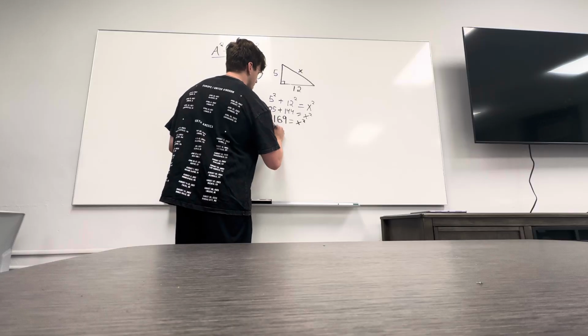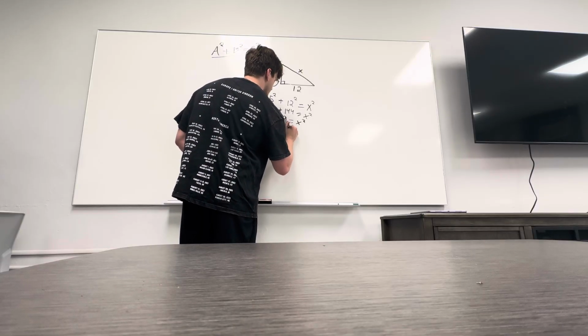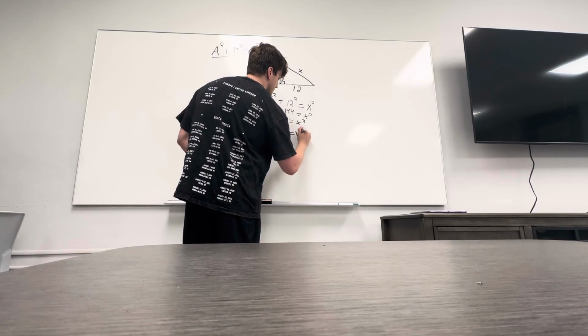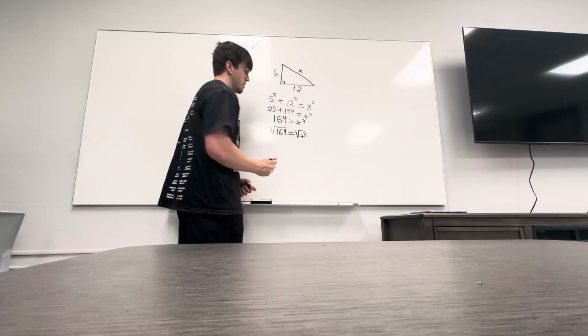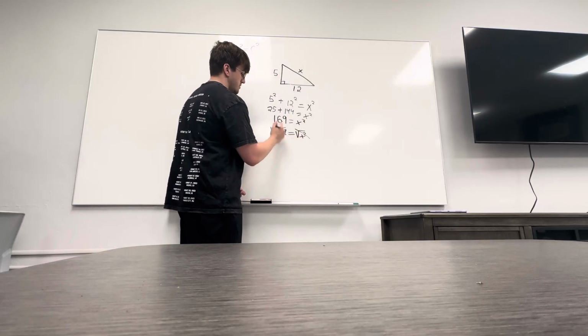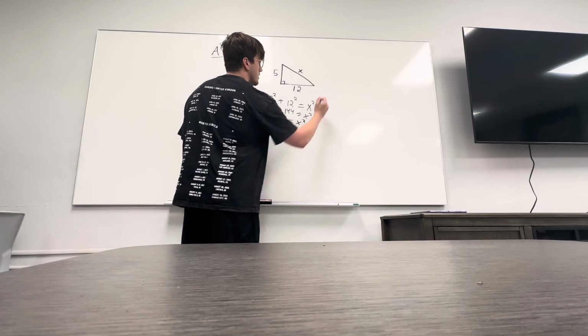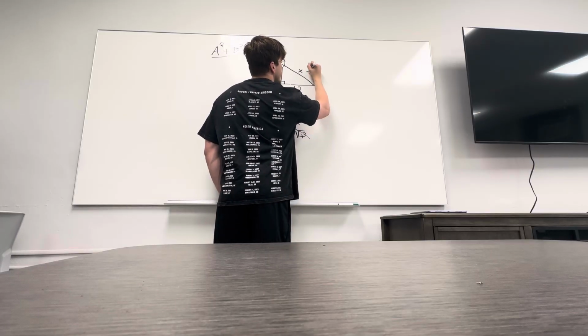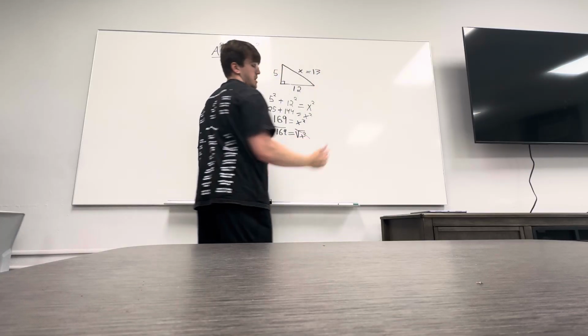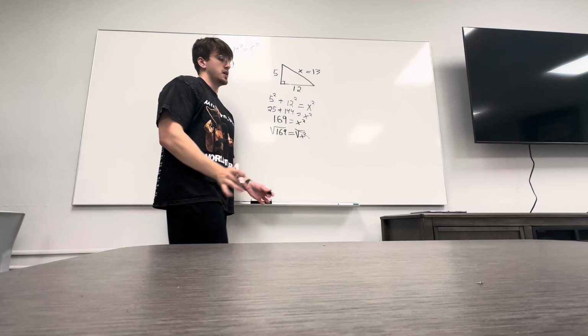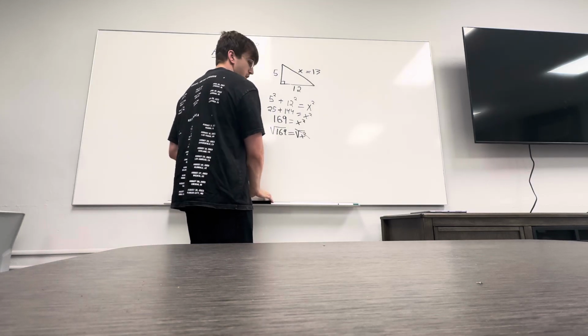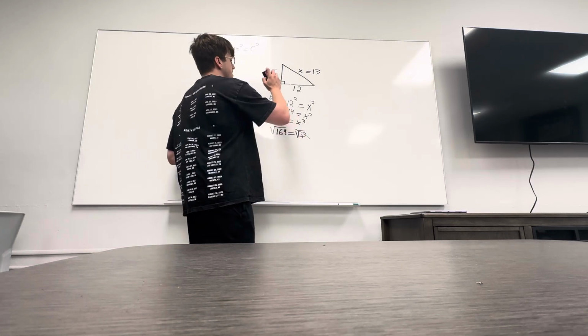And then eventually you get the square root of 169 equals the square root of x squared, which then cancels down to, I'll go over here, x equals 13. Okay, might seem like a bit much, but once you get enough practice with it, it's really not too bad.